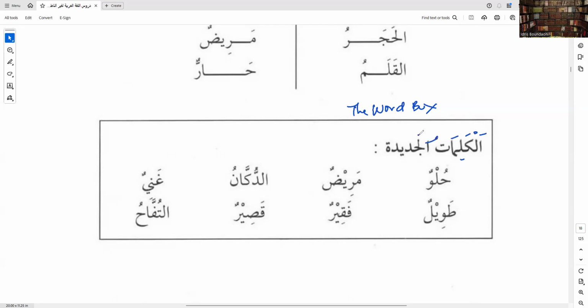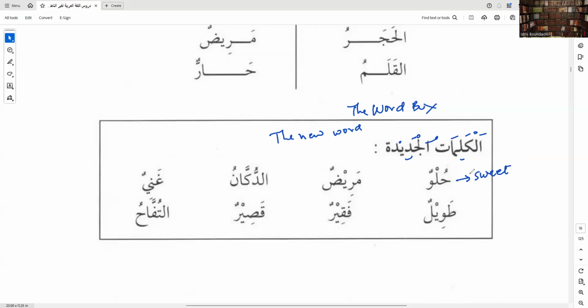Al-kalimatu al-jadida. Remember the word jadid, new. So the new words, basically the new words in this lesson. Hulun. We encountered hulun. That is sweet. So in Arabic, remember, if you want to say something is sweet, it tastes like sugar, then you have to say hulun.